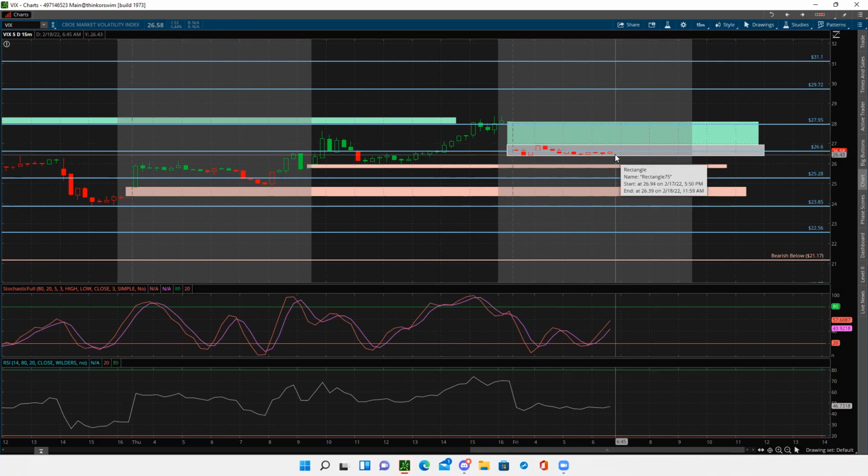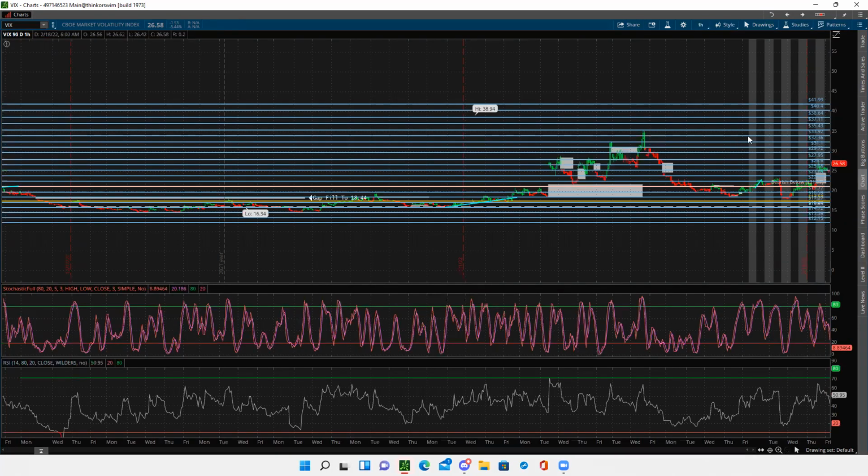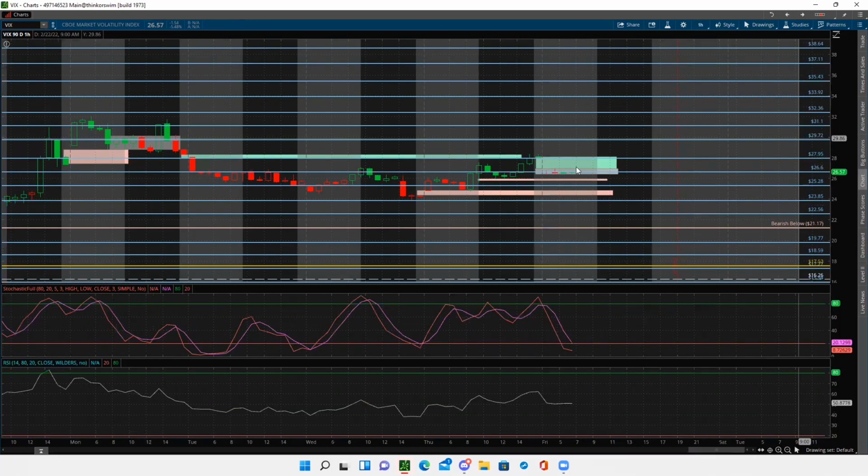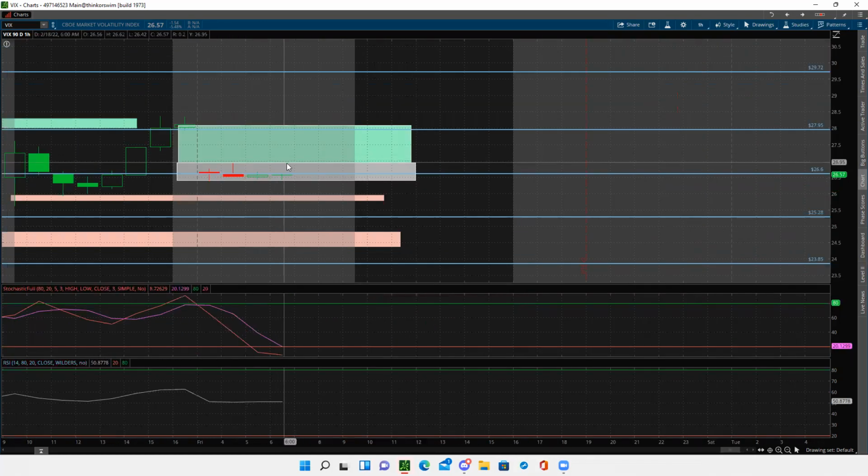Depending on what direction I'm leaning, if I'm bearish on VIX but I'm bullish on the market, sometimes I'll enter when I see VIX get up here and I see it about to pull back, like right here.